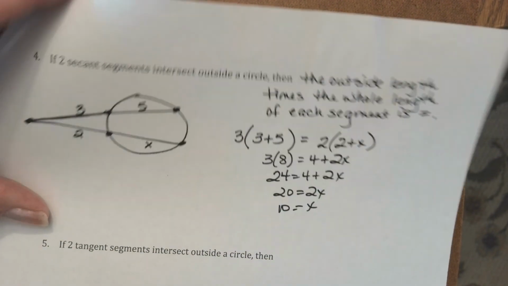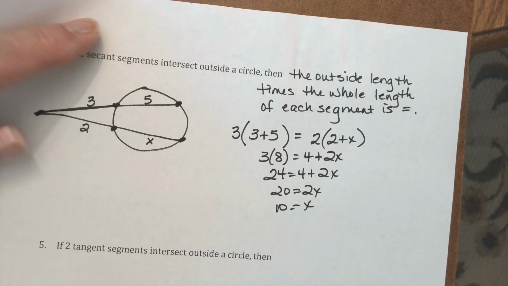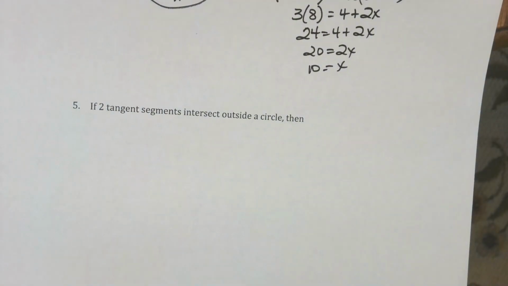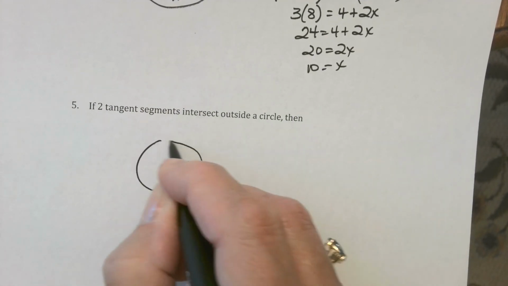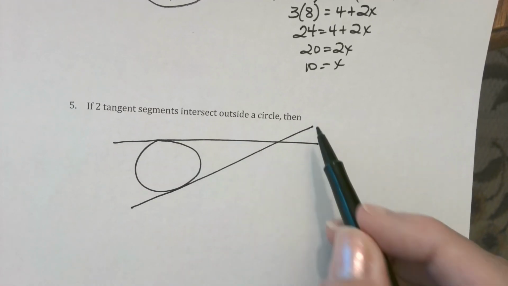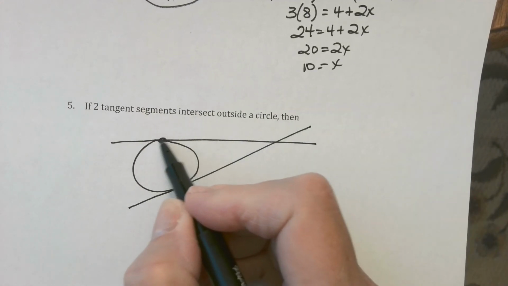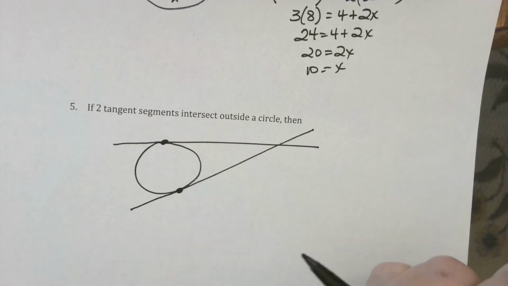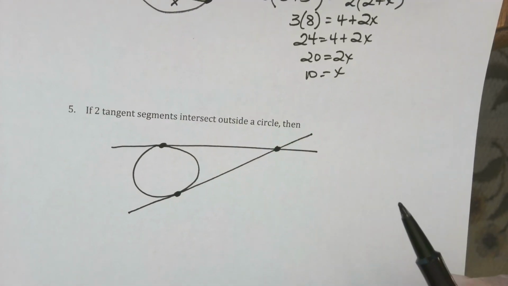You notice that when we got to number 3, we changed from talking about angle measures to lengths of segments. And we got one more. That's if 2 tangent segments intersect outside a circle. Again, we're talking about the lengths of segments now. We have this point of tangency and this point of tangency, that's what those are called, and this is where they're intersecting.